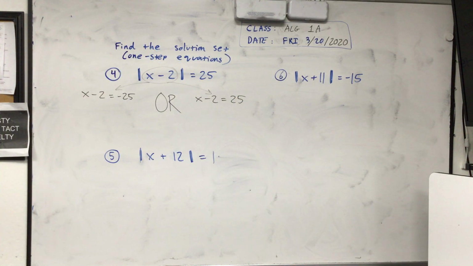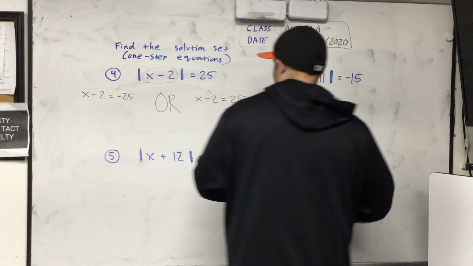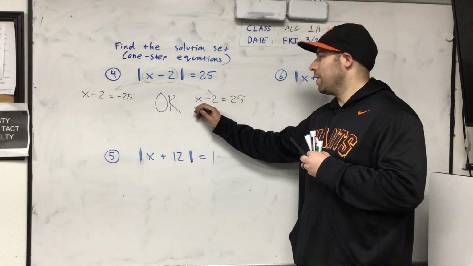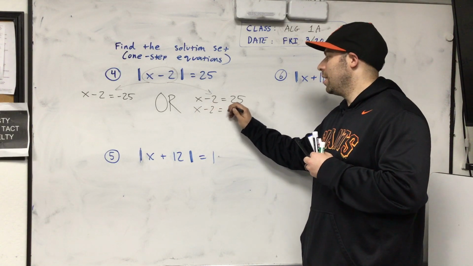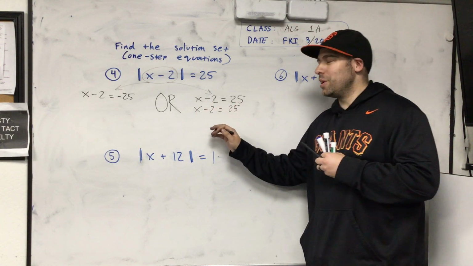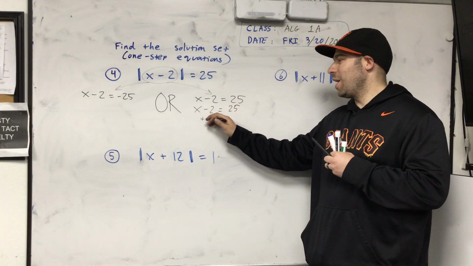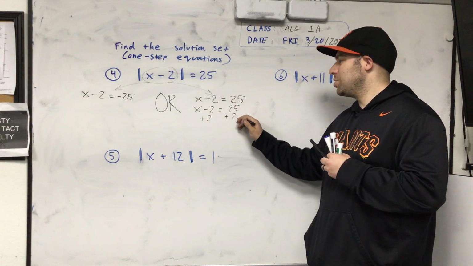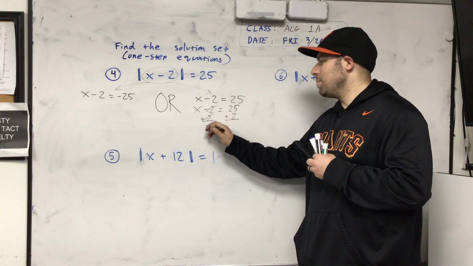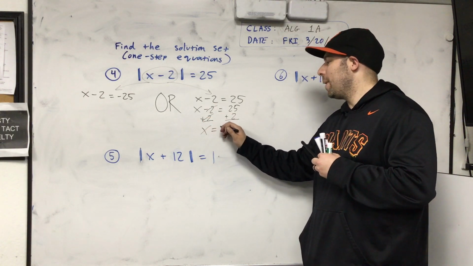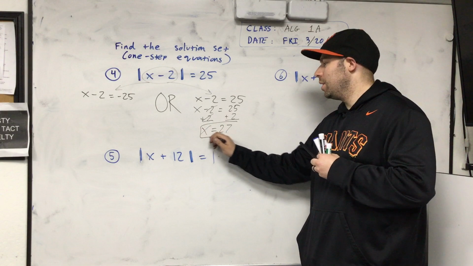Now, I solve for both cases separately. So I've got x minus 2 is equal to 25, so let me solve this one-step equation. How do I undo that layer? I want to undo that minus 2 layer by adding 2 to both sides, getting me x equals positive 27.